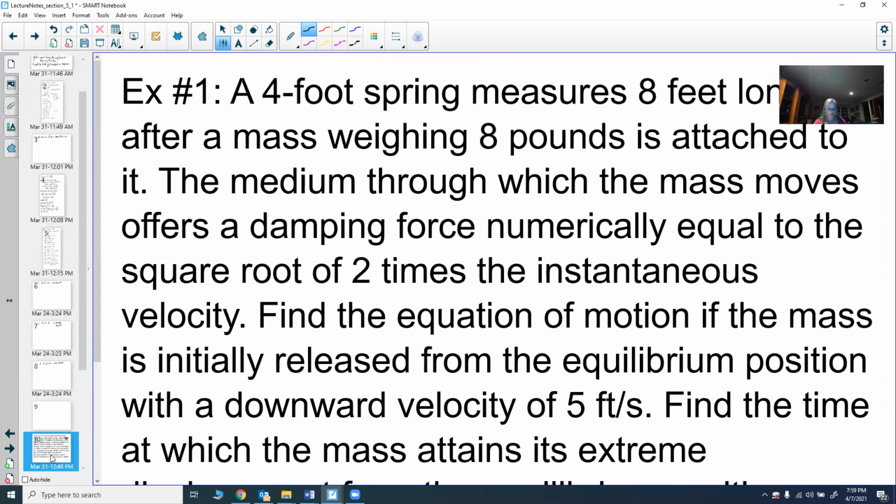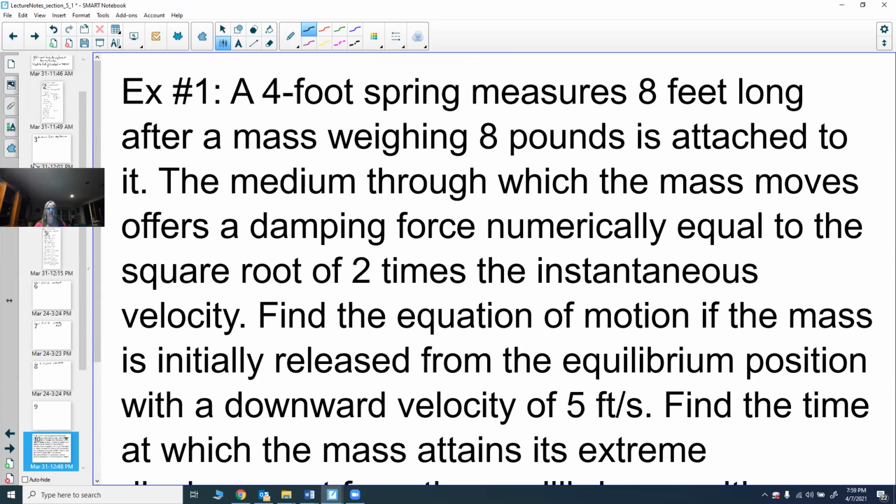So now what I'd like to do is let's do an example of this and talk about what this would look like. A 4-foot spring measures 8 feet long after a mass weighing 8 pounds is attached to it. The medium through which the mass moves offers a dampening force numerically equal to the square root of 2 times the instantaneous velocity.